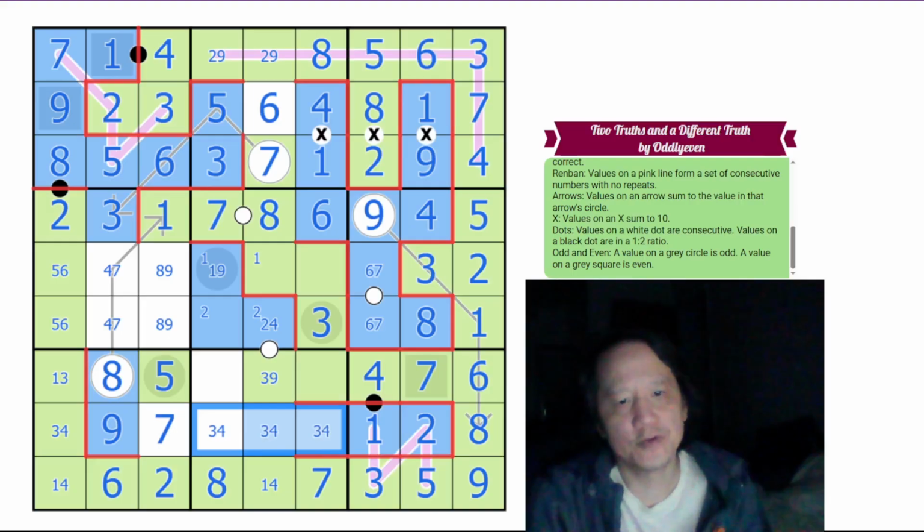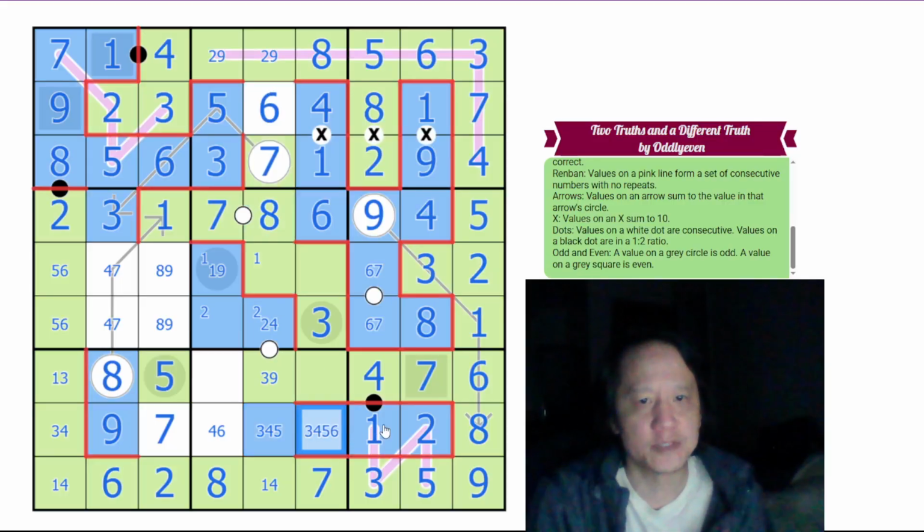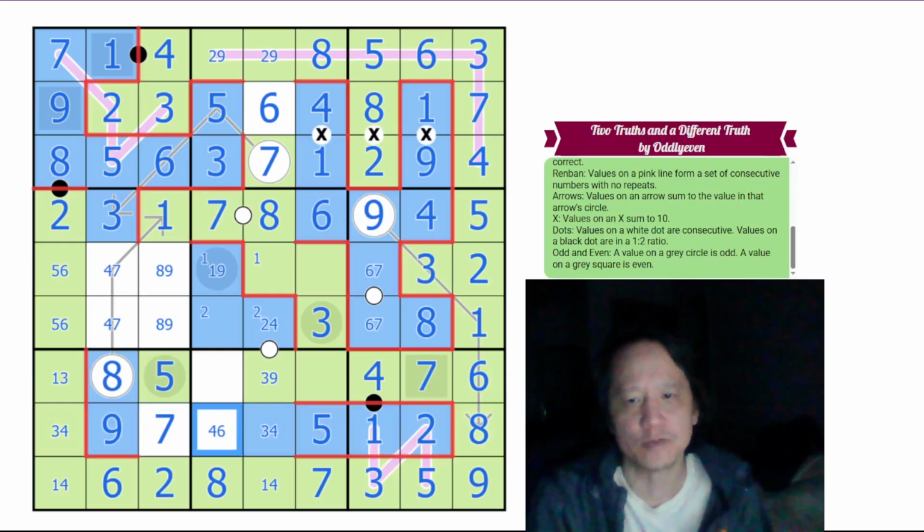We have 3, 4, 5, 6. This can't be 3 or 5 because it's 3 or 5 in the column. This cannot be 6 because 6 in the columns can't be 3, 4, or 6, so that makes this a 5, which means this can't be 5. This becomes a 3, 4 pair in row 8, which eliminates 3 and 4 in the rest of the row. So that's 6.